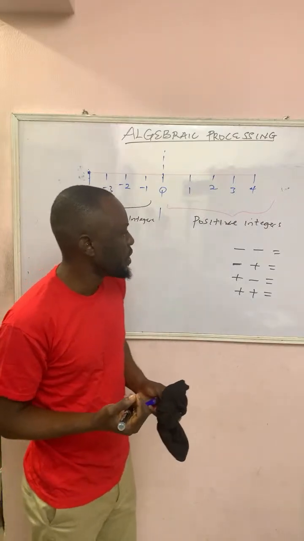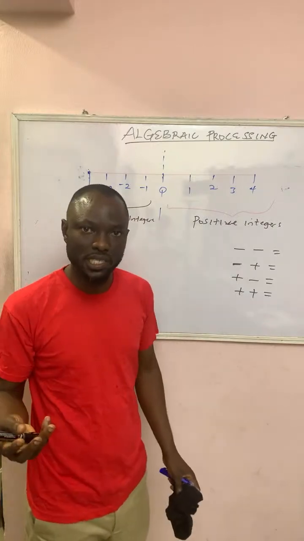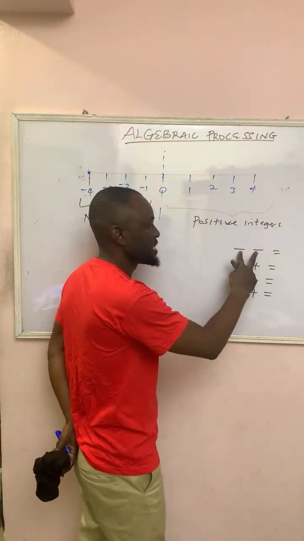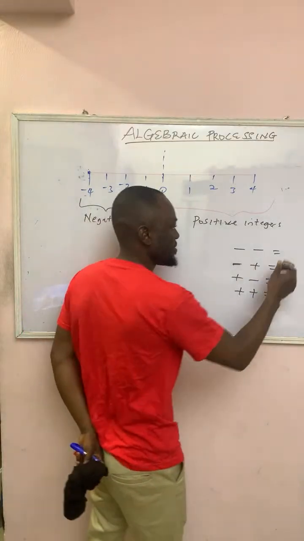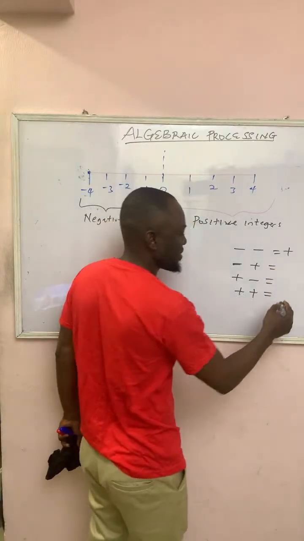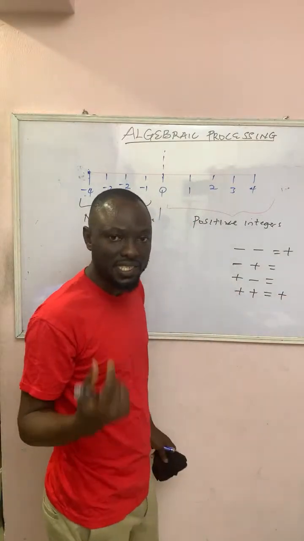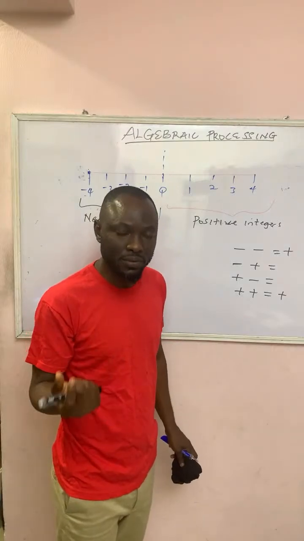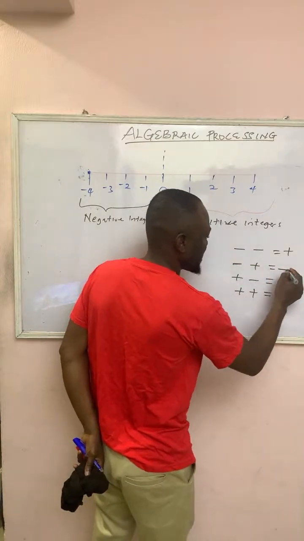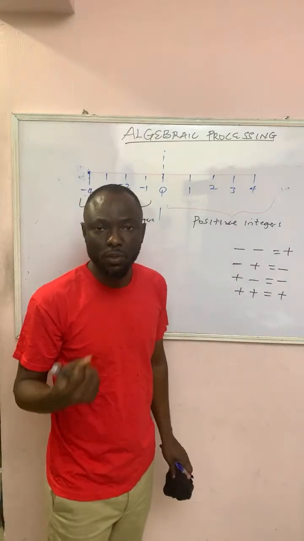When you have two signs that are identical, your result will be positive. That's an easy way to remember it. Negative negative, two identical signs, our result will be positive. Positive positive, identical sign, our result will be positive. On the contrary, when the signs are opposite or different, you have negative. So positive negative is negative, negative positive is negative. These rules are very, very important in algebra.